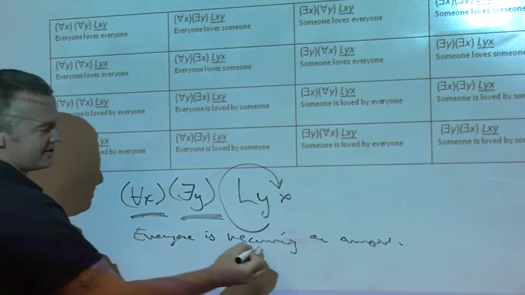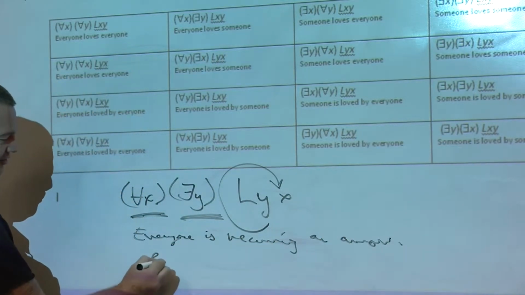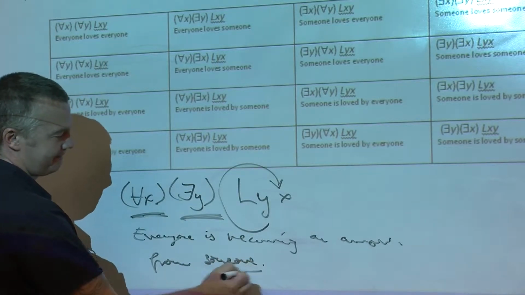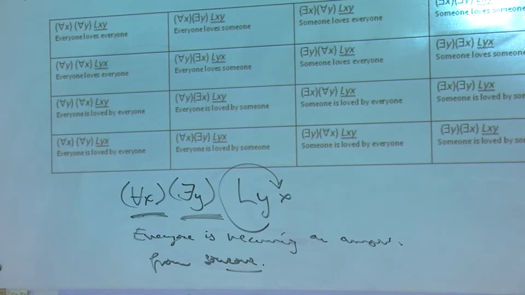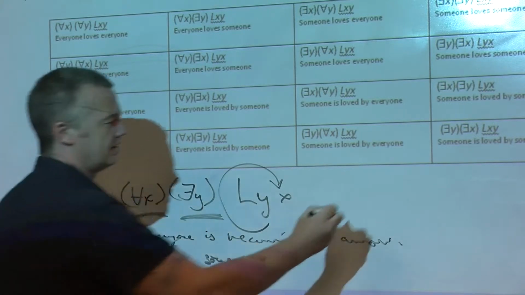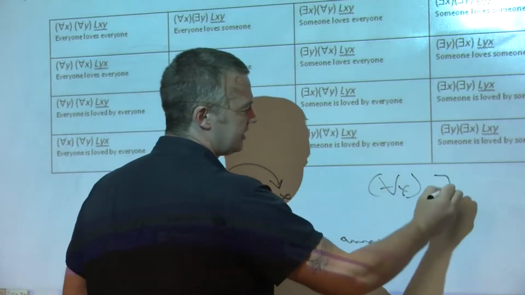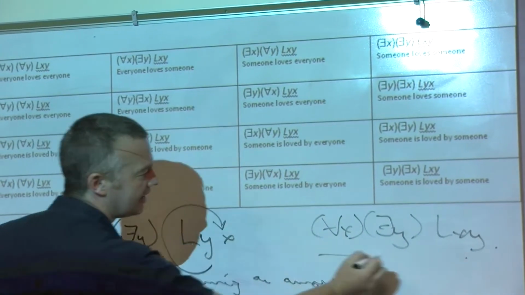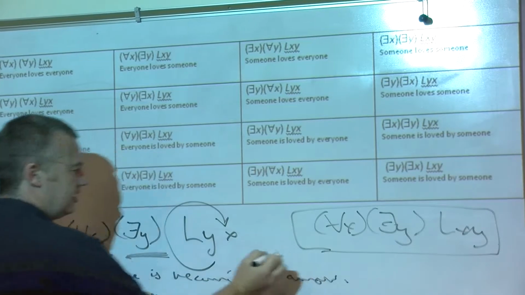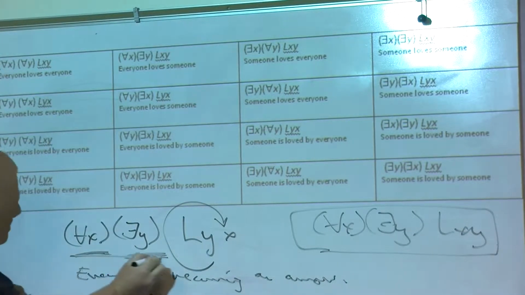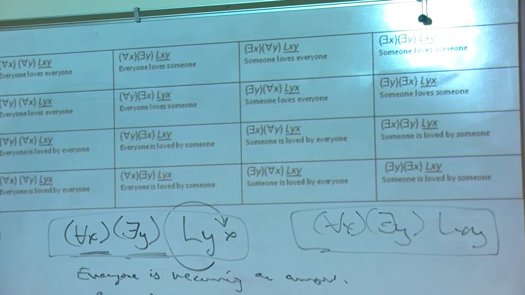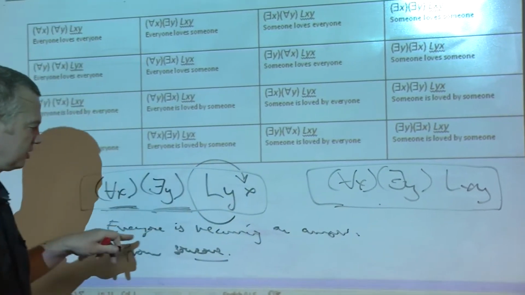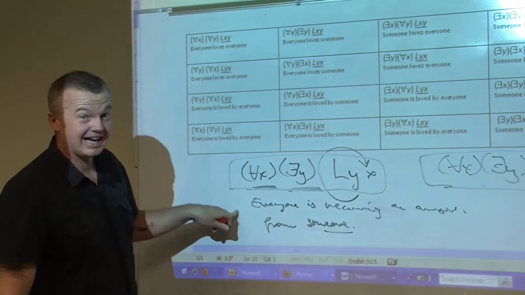So everyone is receiving an arrow from someone. Okay? So notice that the switch between for all x, some y, Lxy, which says everyone loves someone, to over here, for all x, there's some y, Lyx, is a shift from everyone loves someone to everyone is loved by someone.